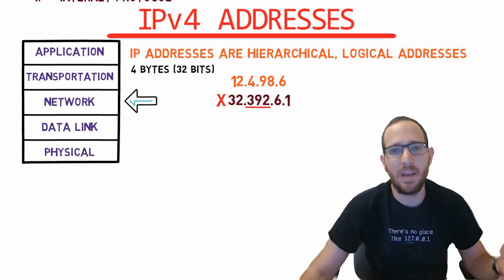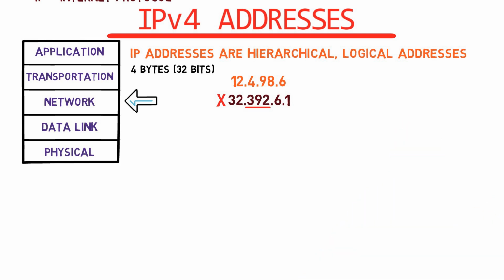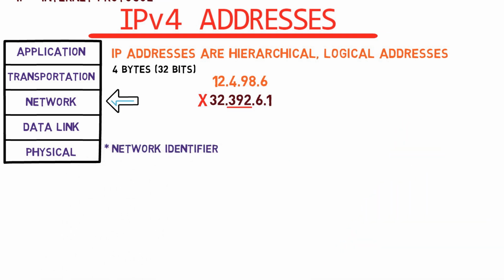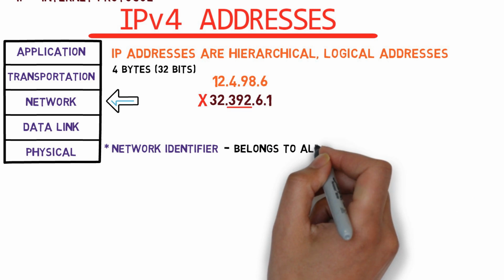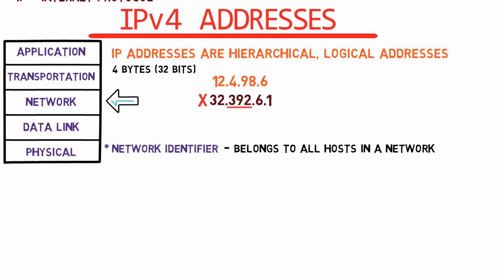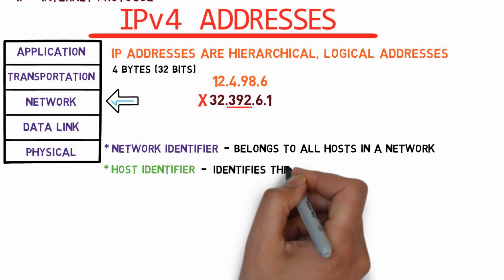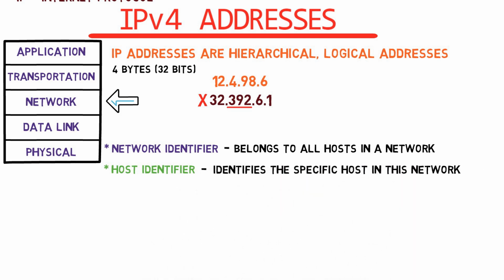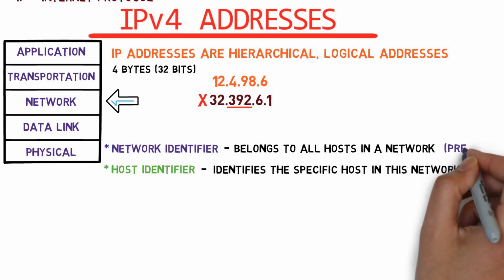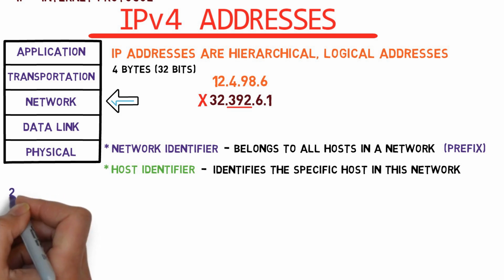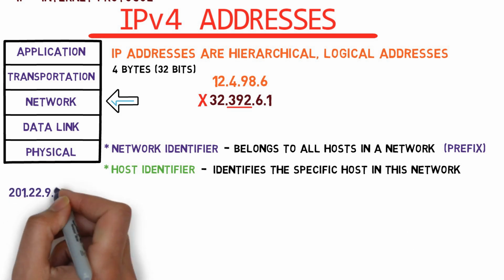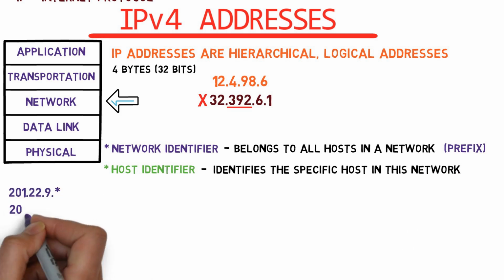IP addresses have in fact two parts: a network identifier that belongs to all hosts in the network, and a host identifier, which, as its name suggests, identifies the specific host in this network. The network ID will be the same for all hosts in the network and is also called a prefix. For example, consider a network identifier of 201.22.9.